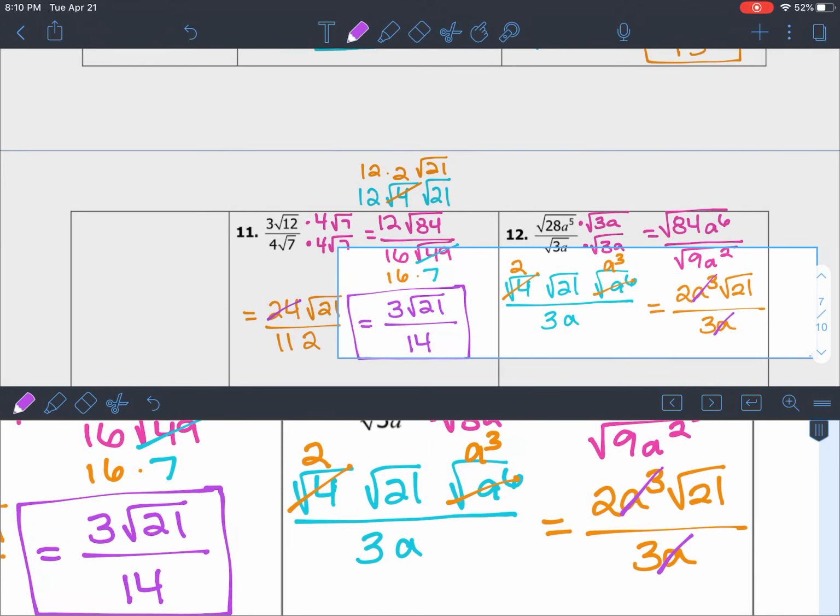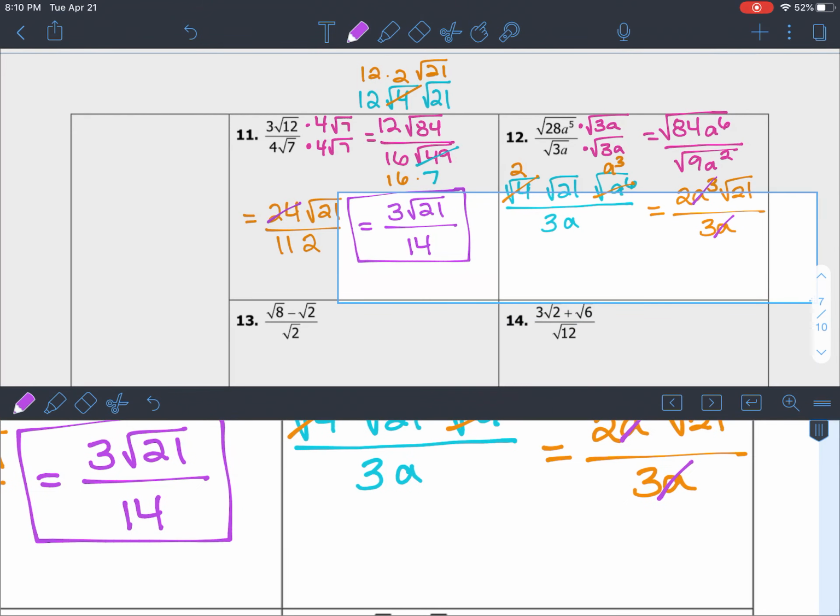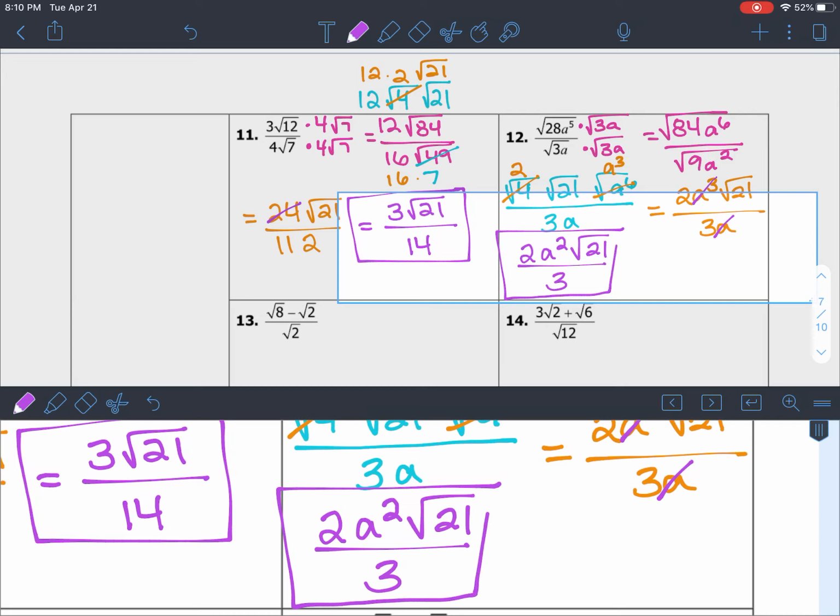And my last step here is going to be to cancel out one of those a's. So I'm going to be left with a squared on top and none on the bottom. And this purple guy will be my final answer. 2a squared, square root of 21, all over 3.